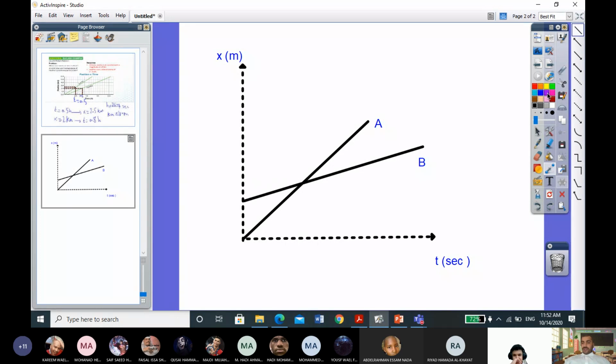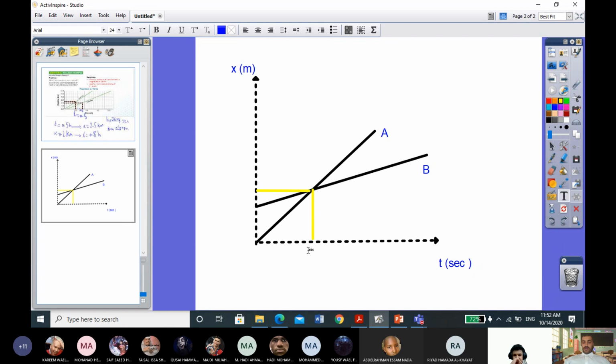Let me draw it with another color. So this is the intersection point. Let's say at time t equals 10 seconds, as an example, the position is 5 meters.